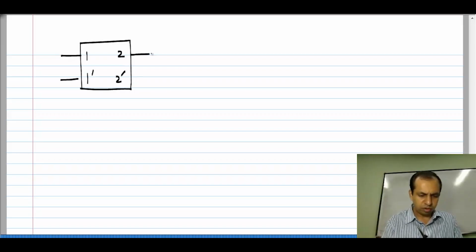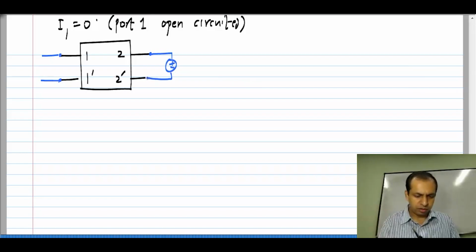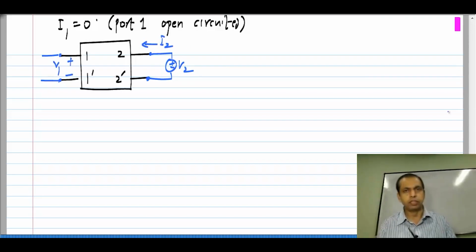And similarly, we set I1 to 0, which means we are open circuiting port 1. Okay. If I set I1 to 0, it means that port 1 is open circuited, and then you apply V2 and you measure both I2 and V1.